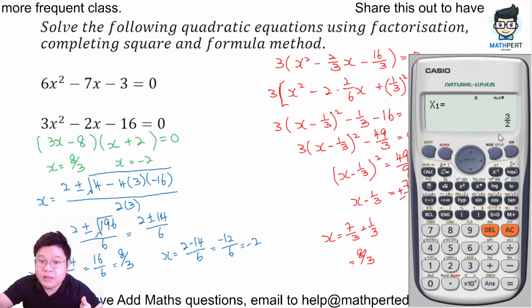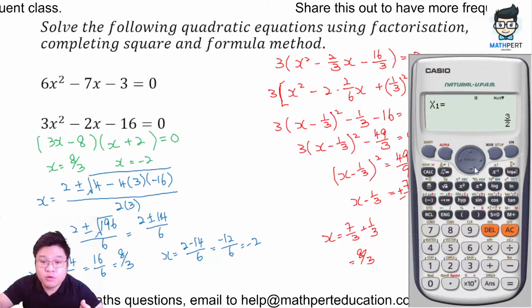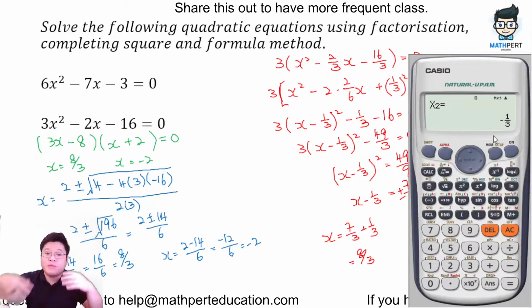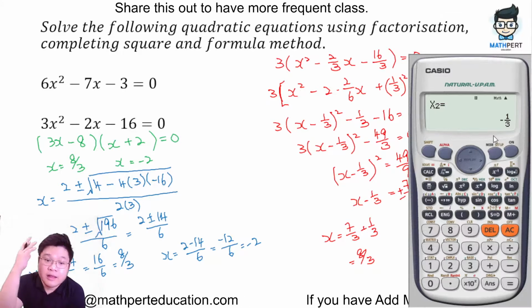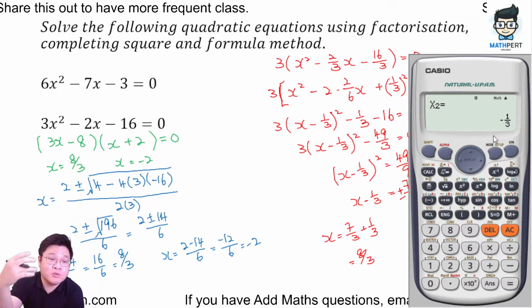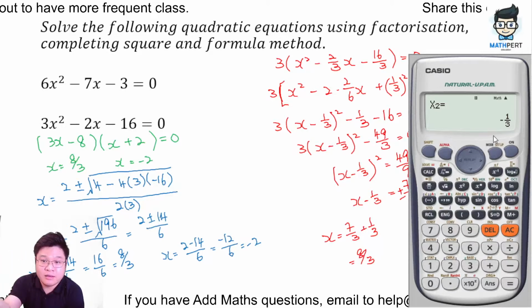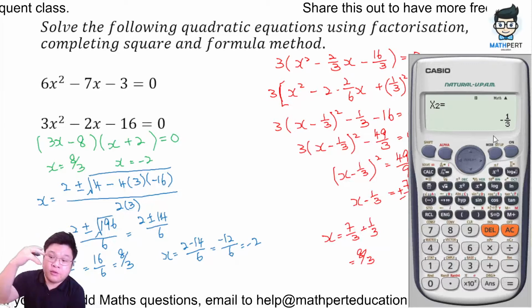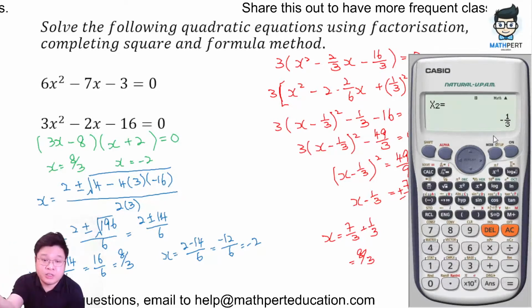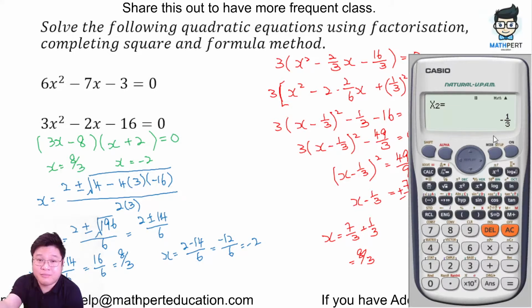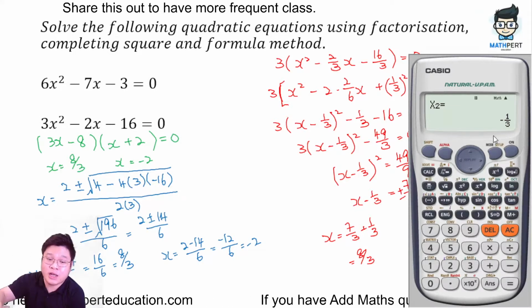So your answer will be 3 out of 2 and -1/3, which is the same as what we got just now, isn't it? The reason why I'm teaching you this calculator is that I want you to know how to check your answer. Maybe in the exam, when you are doing factorization with a very big number, it takes a lot of time. So it is better for you to use the calculator.